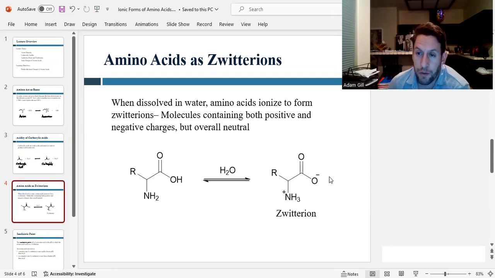It's a molecule that is both positive and negative at the same time. So the overall charge is neutral, but it is ionic. And so it's very, very soluble in water. And so this is one of the reasons why amino acids dissolve so well in our body. They dissolve in our bloodstream, they dissolve within the fluid in our cells, highly soluble in water because they are Zwitter ions.